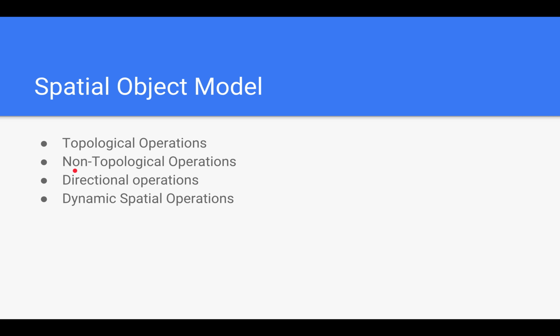Non-topological operations include counting the distance between two points, or counting the area of a region. The third one is called directional operations, which can clarify the absolute or relative position of each dataset. Finally, we have dynamic spatial operations, which will update the values in our database, such as generating, merging, translating, rotating, scaling, and refactoring.